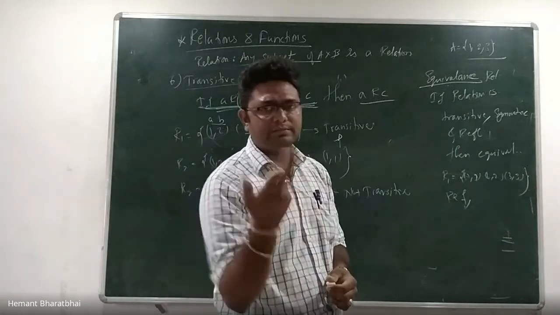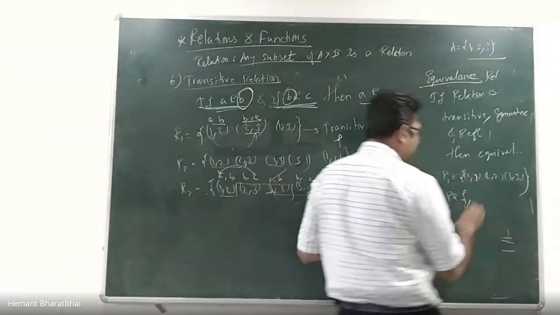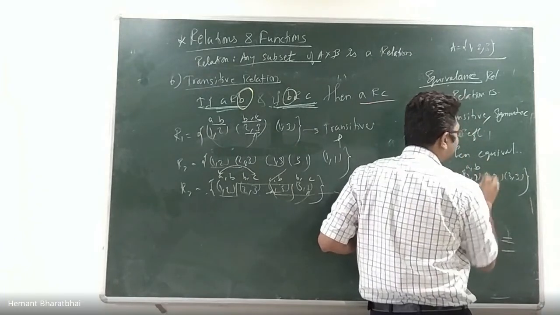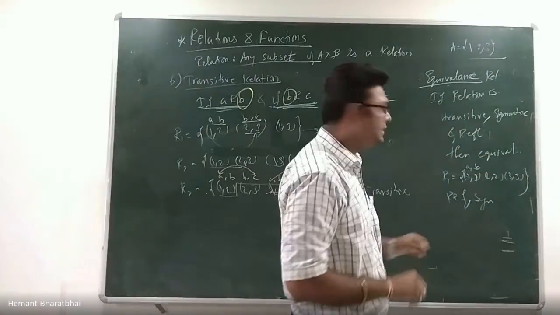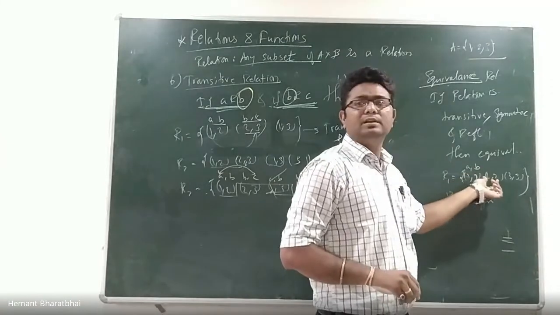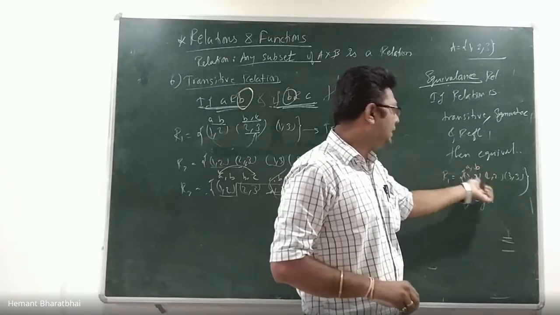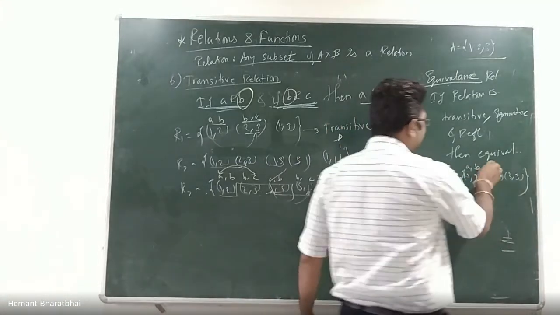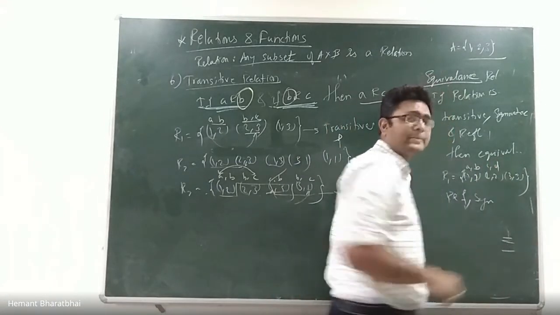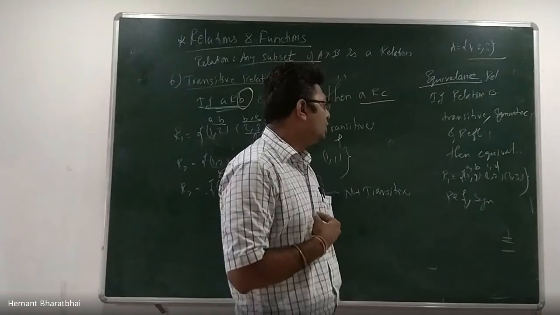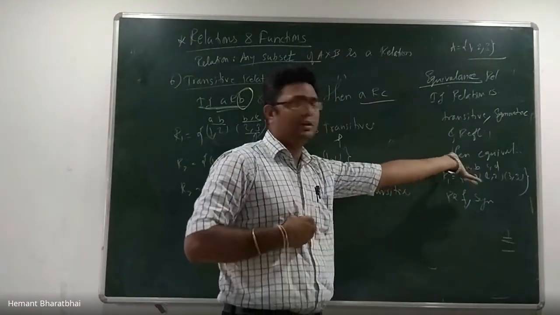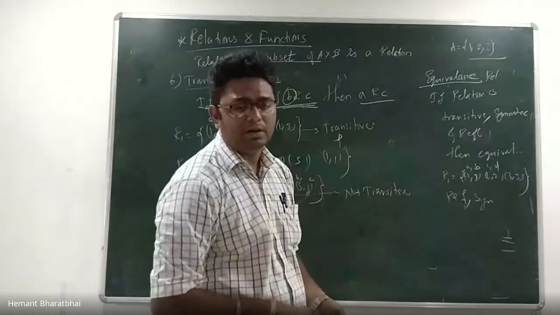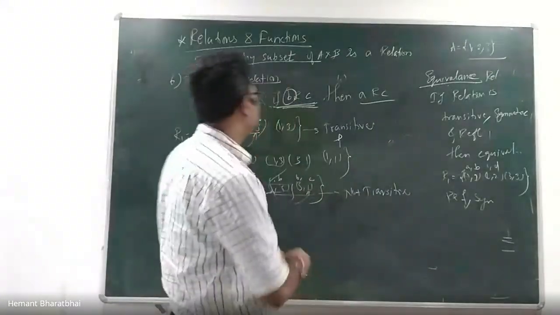The reverse of 3 3 is also 3 3. So it is symmetric. If I write A comma B, then B comma C should be there, which is not there. There is no B element, so there is no pair. If there is no pair, then we should not think of this.